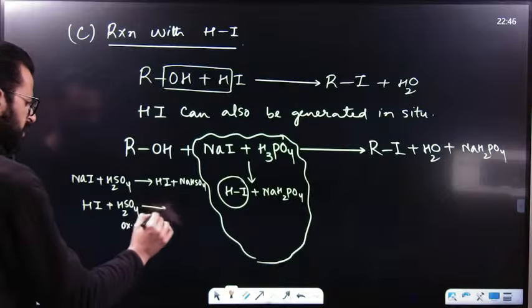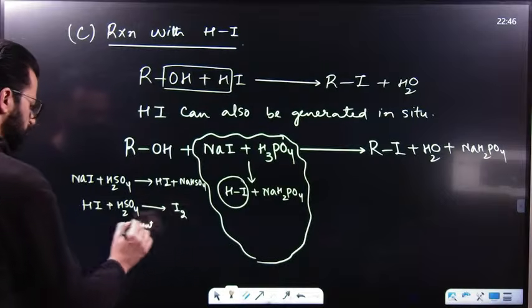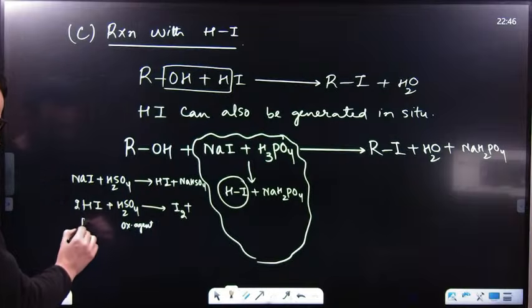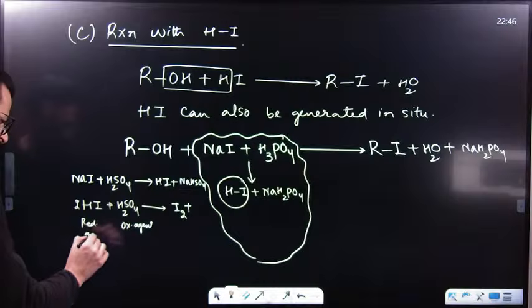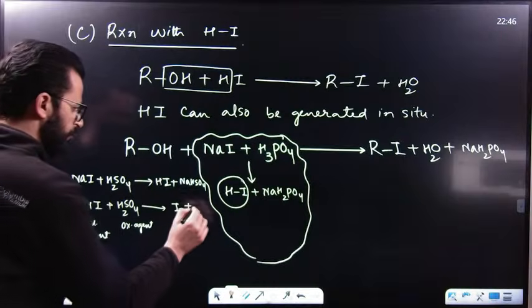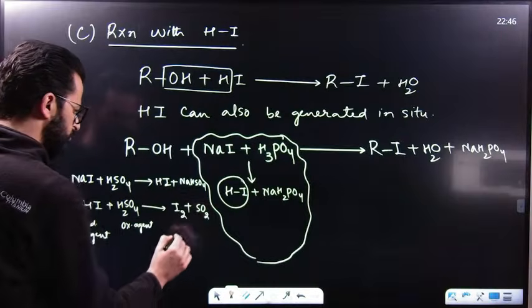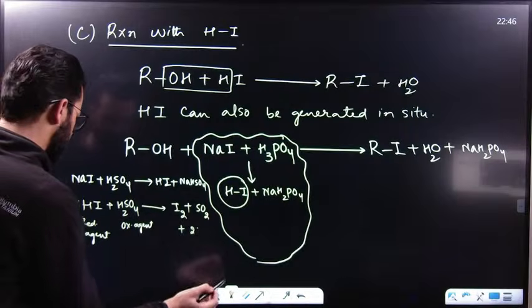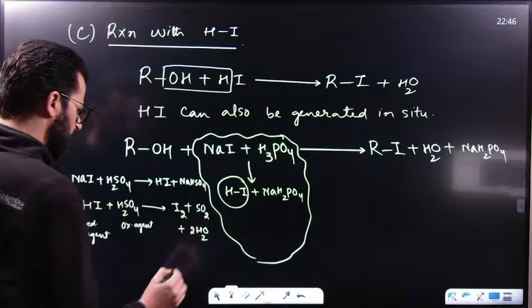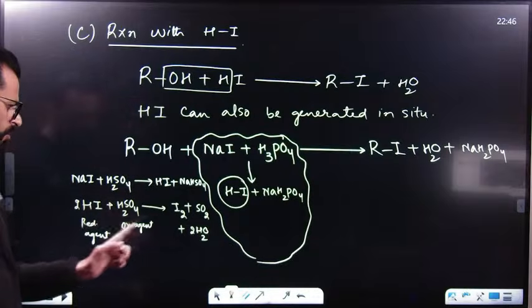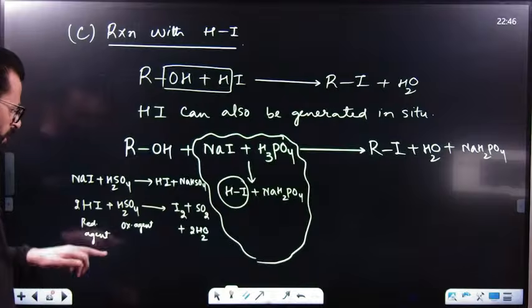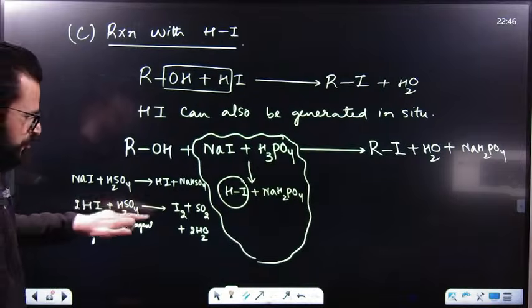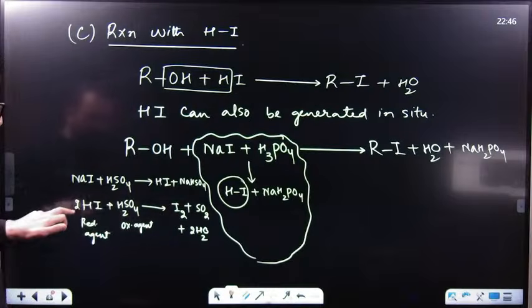It will oxidize HI to I2, and as HI is a reducing agent, it will reduce H2SO4 to SO2 plus 2 H2O. I think hydrogens are balanced, oxygen is balanced, yes. So this is a reducing agent, it will reduce H2SO4 to SO2 and it will oxidize HI to I2.